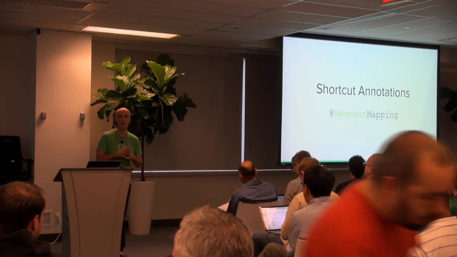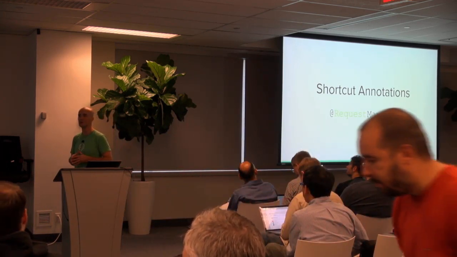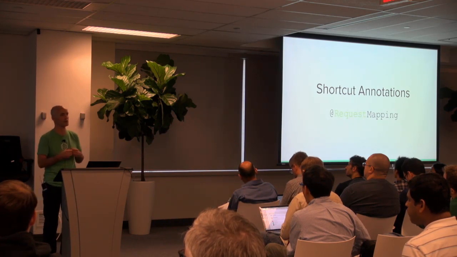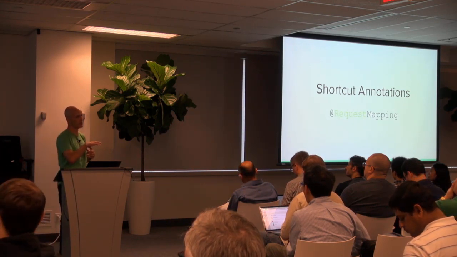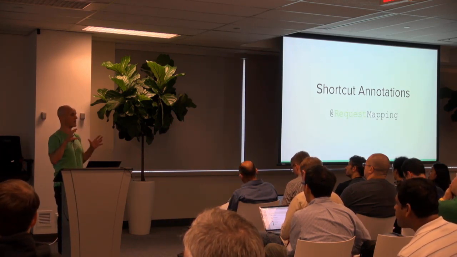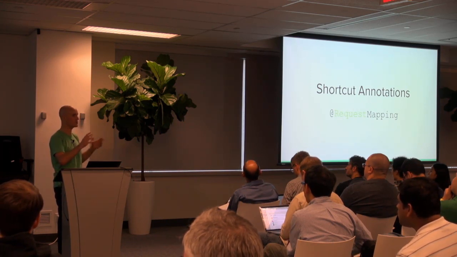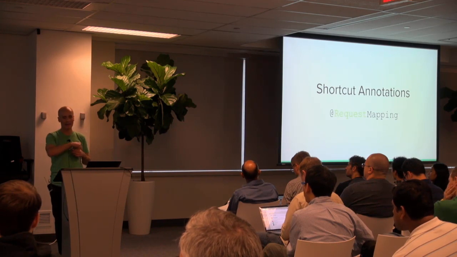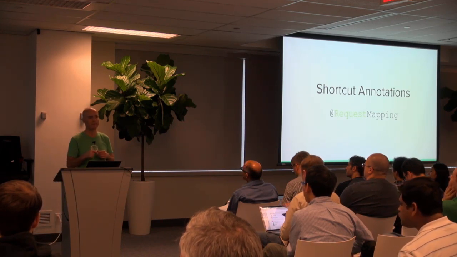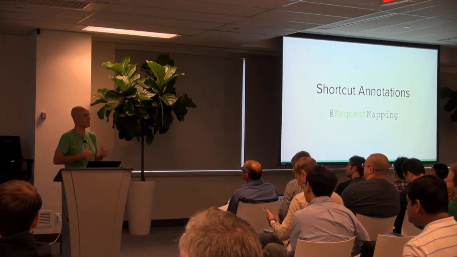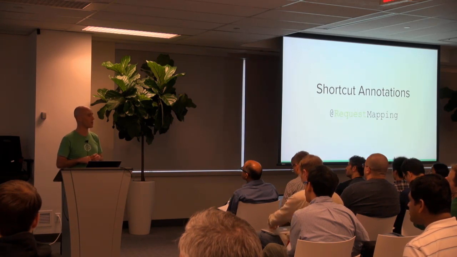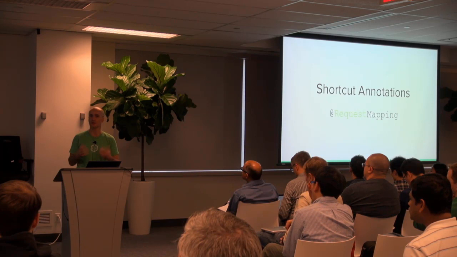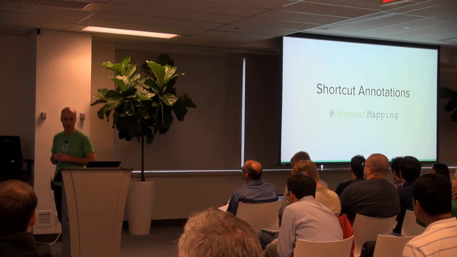But how many of you know that in 4.2 we introduced the possibility to do your own composed annotations, which means that instead of the request mapping annotation, you can create a custom annotation like post JSON or get JSON, and then you can annotate that with the request mapping. Basically, it's a very easy, very quick way to create your own custom request mapping annotations if you have certain kinds of things that you do in mappings very commonly.